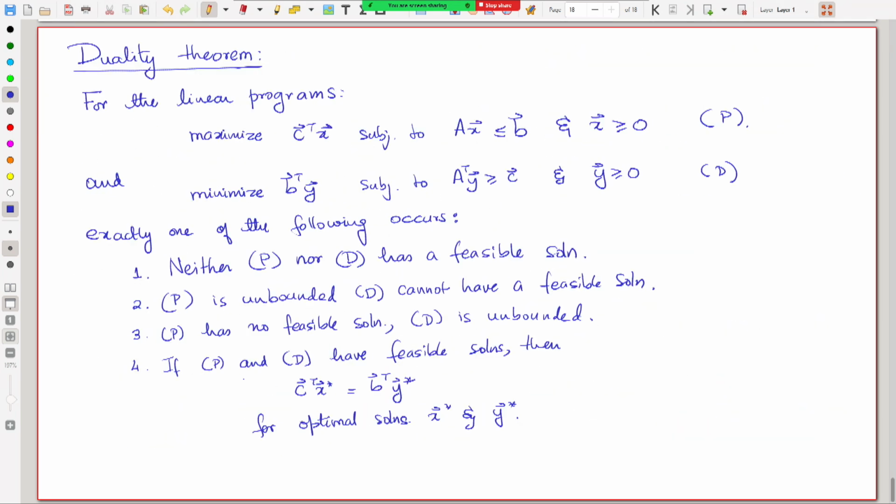So how much of this are we convinced of? I think only 2 is clear right now, that if P is unbounded, D cannot have a feasible solution. But the moment one of them has a feasible solution, the other will be forced to be bounded.